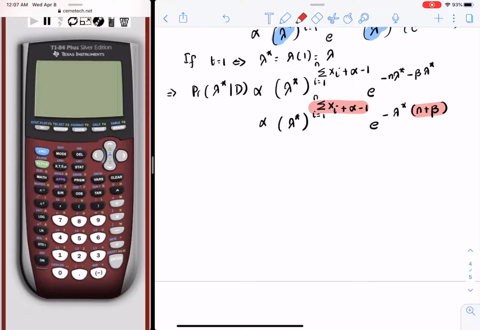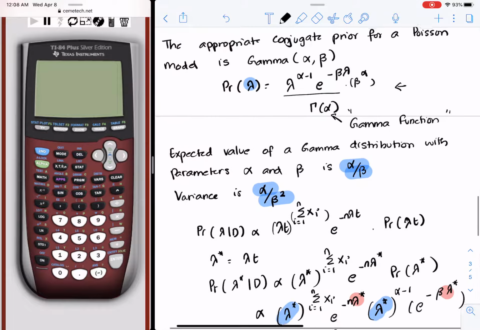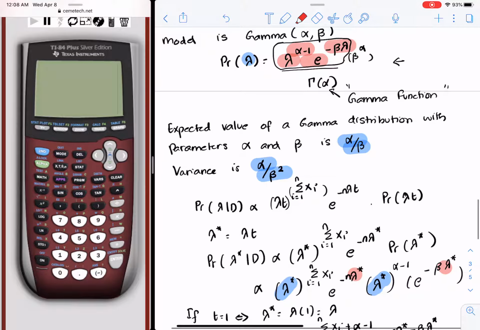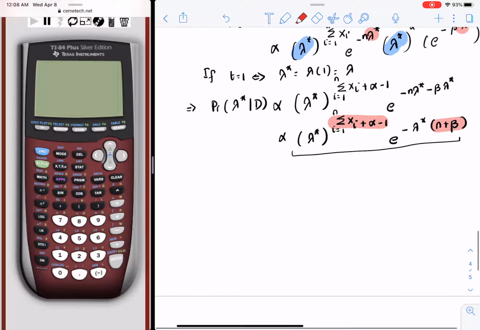If you closely observe, this expression has a form very similar to that expression right there. So lambda raised alpha minus 1, e raised beta times lambda.